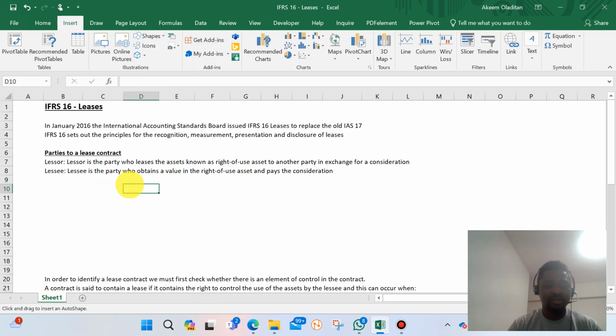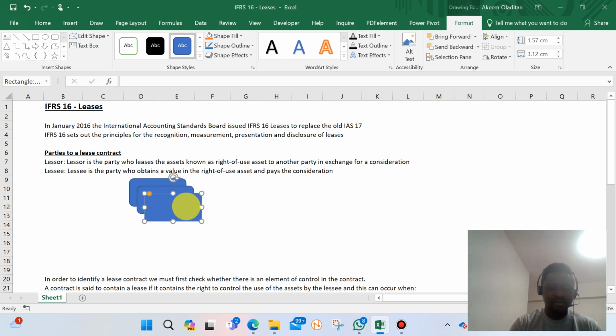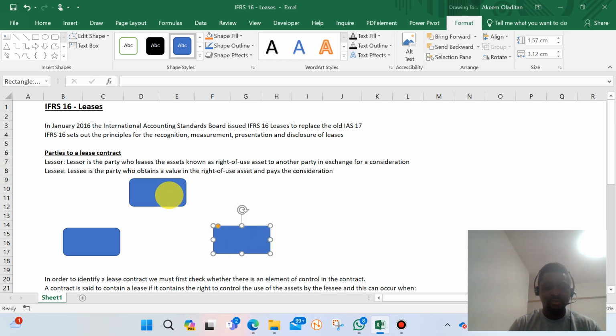We have the parties to the lease contract: we have the lessee, and we have the lessor.